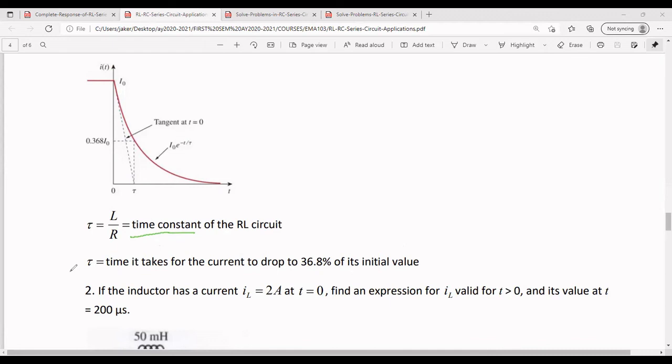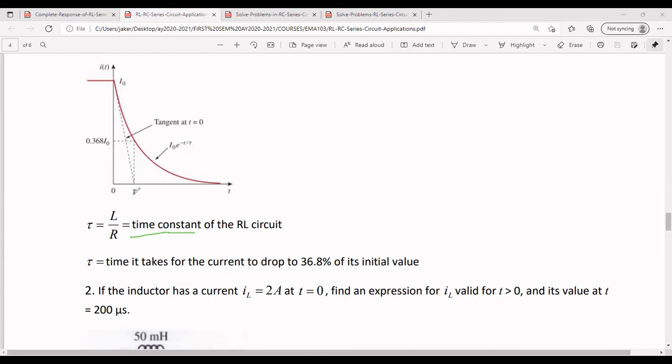If it's depicted, class, in this particular graph, relationship between t and the current, this 0.36 I0, meaning this is 36.8% of the initial current, this is the time it will take that current to drop to this value. From its initial value of I0, it will drop to 36.8% of this value by what time?